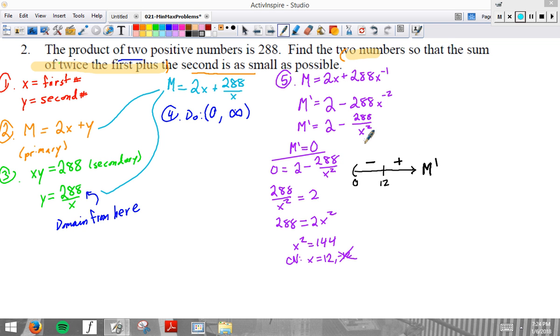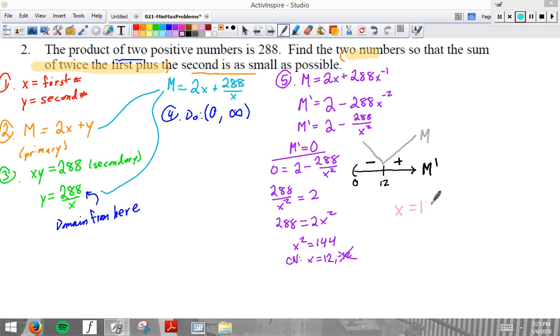If that's our m prime, our m graph would look like a decreasing graph. Since m prime is negative, m is decreasing. Since m prime is positive, m is increasing. That means 12 is the location of a relative minimum. Because of the shape of the graph and the domain we're on, 12 must be the absolute minimum.